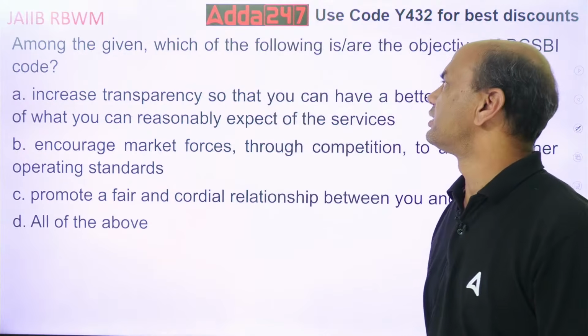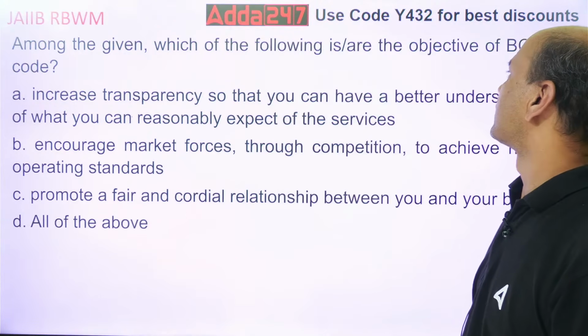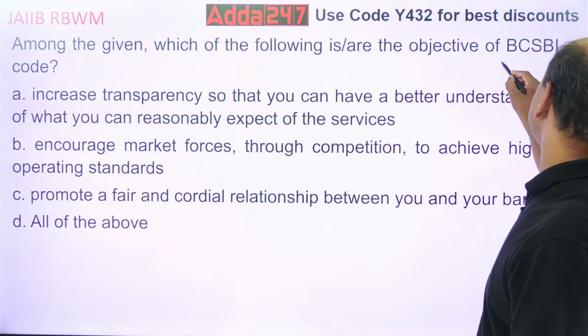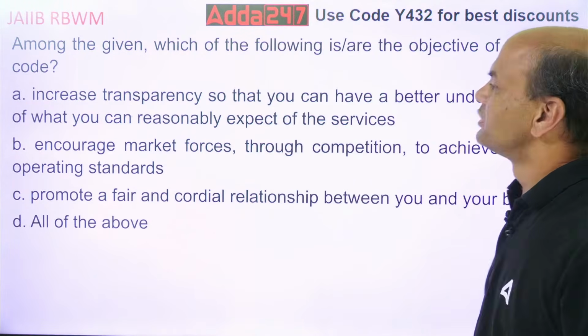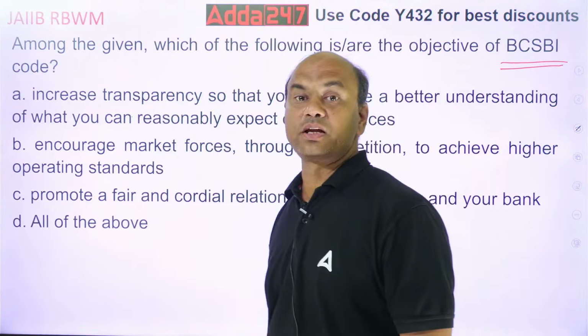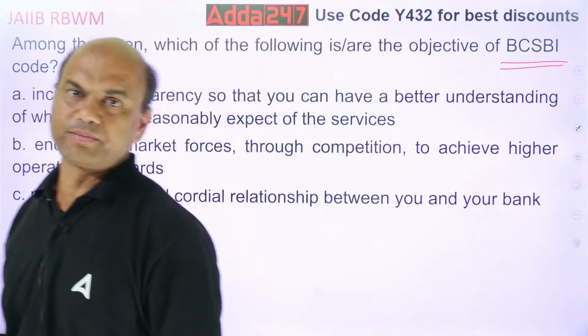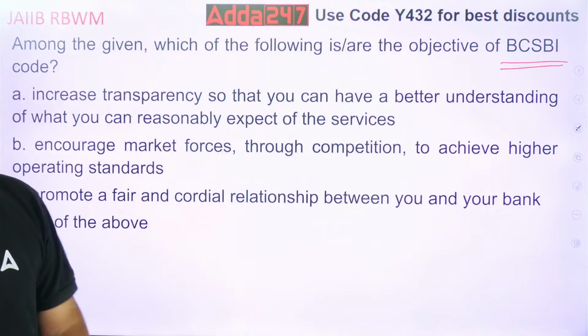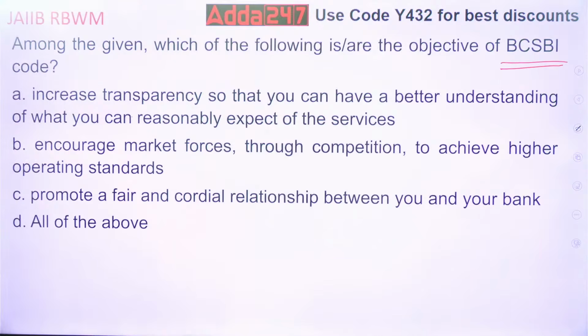Among the given, which of the following is or are the objectives of the BCSBI code? BCSBI code, you have it for exams. Service standards and delivery, that chapter. So which of them are the objectives?